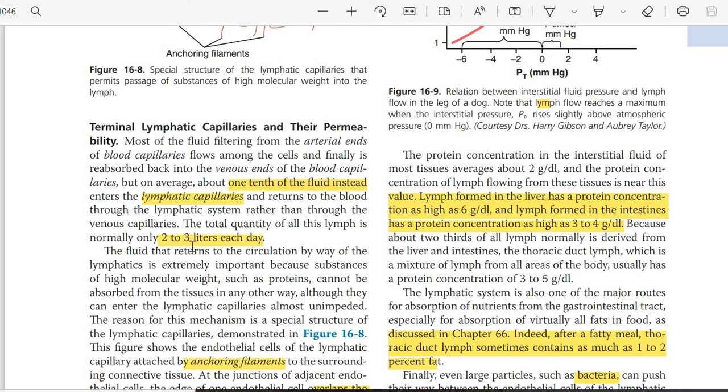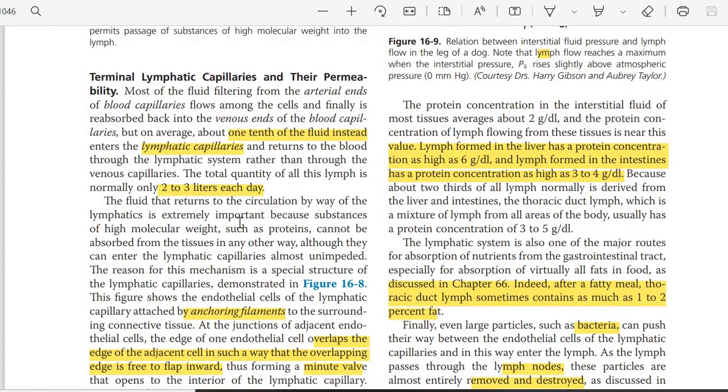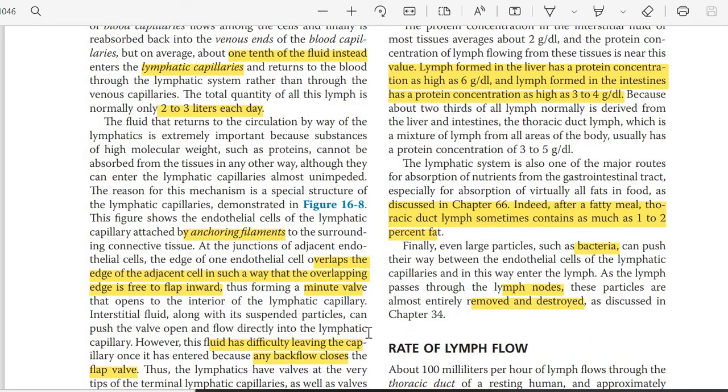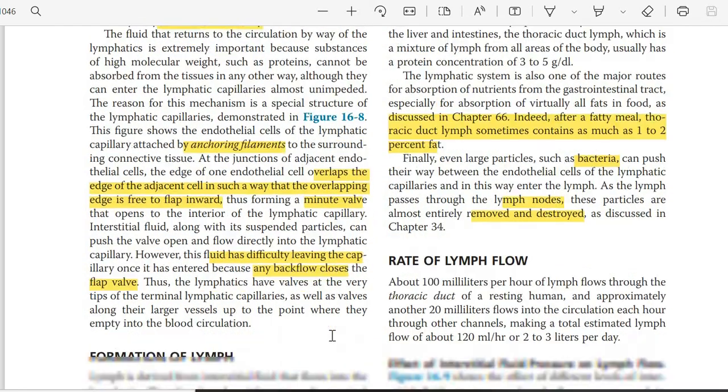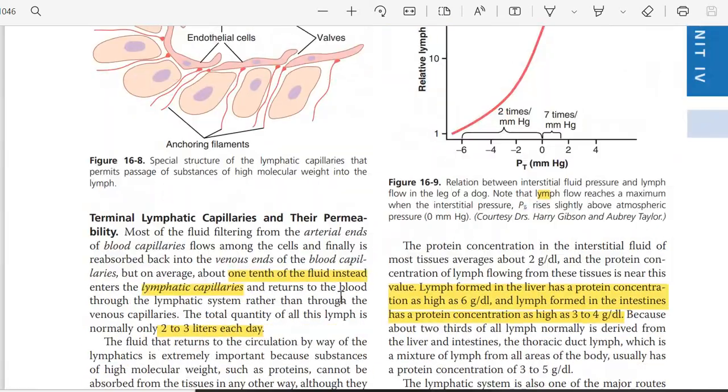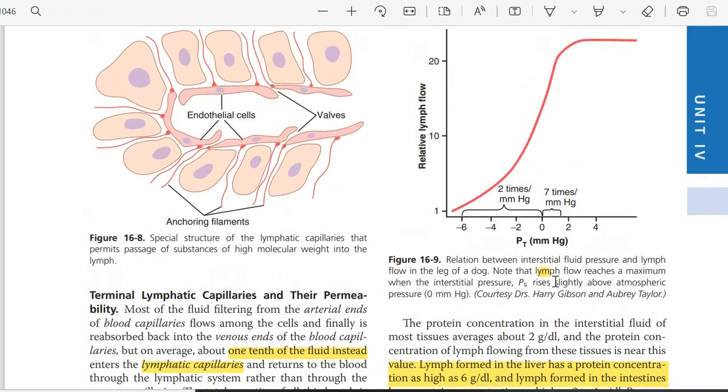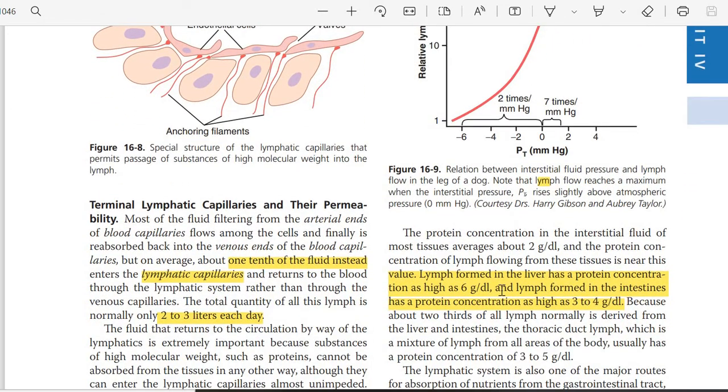So the total quantity of lymph made in a day is 2 to 3 liters per day, but all this fluid returns again to circulation. Now they are talking about the formation of lymph. The formation of lymph and the concentration of various substances depend on the tissue in which the lymph is being formed.